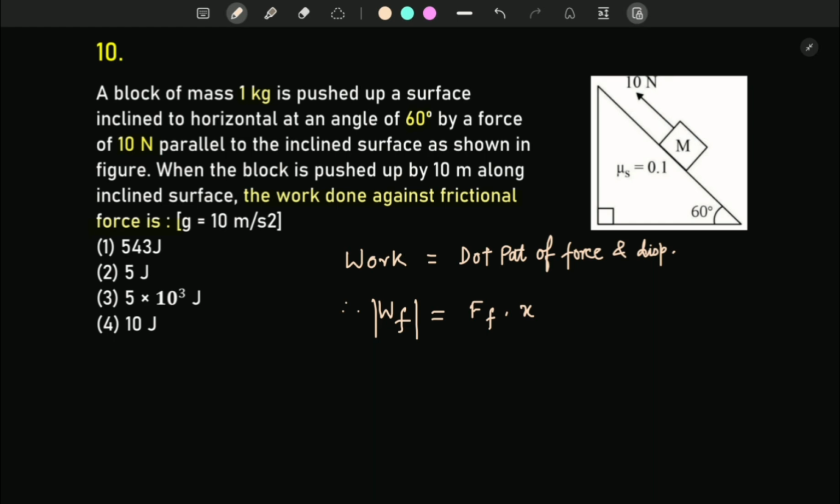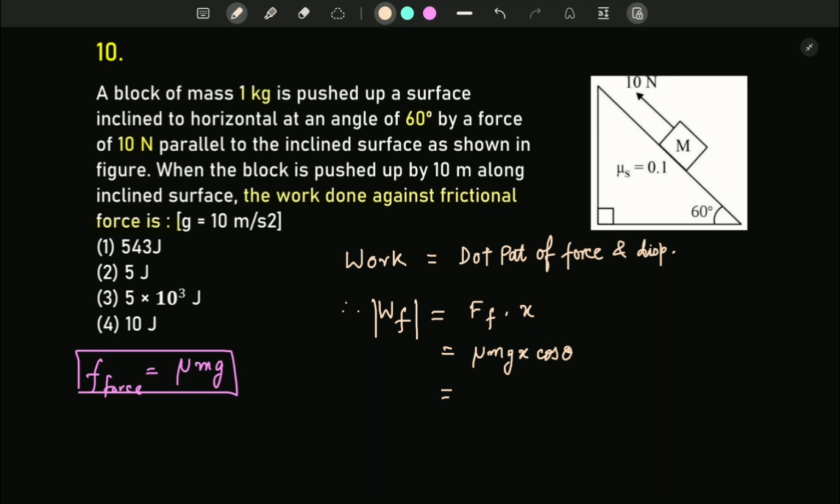Now what is frictional force? Frictional force equals mu times N, and here N is mg. So mu mg is the frictional force. Now the work done will be mu mgx, and for the dot product, cos theta, the angle between displacement and force vector.